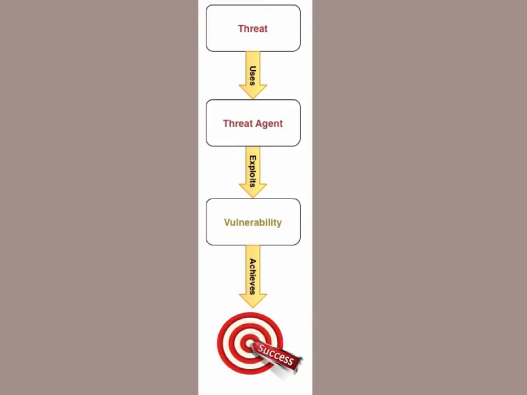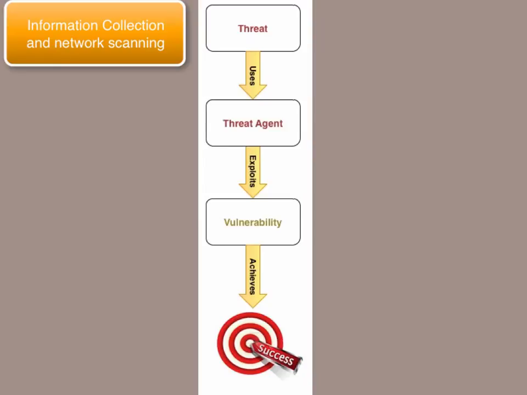So in this particular graphic, we're going to step through the process very quickly. This is not the complete process as provided by the ethical hacker framework, but this is enough to demonstrate the relationships between threats, threat agents, vulnerabilities, and business impact. The first thing an attacker is going to do, and we're going to go at this from a human perspective, is to scan your network and get as much information about your organization as possible.